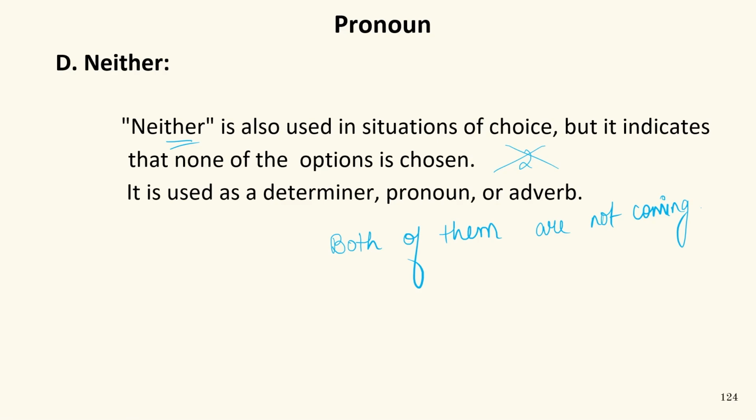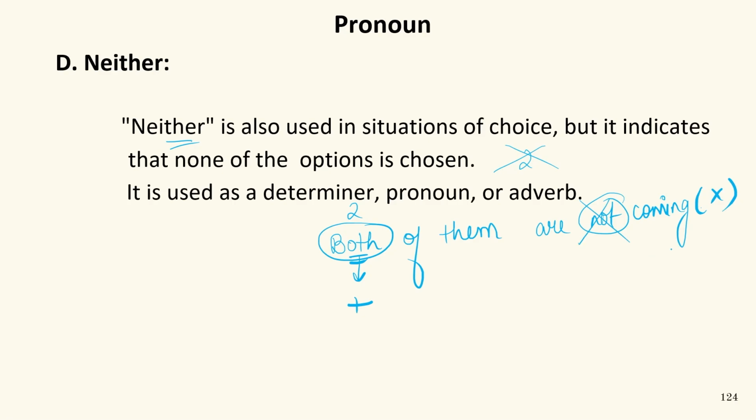But is this sentence correct? No. The sentence is not correct grammatically. Why? Because here we have talked about the word both, and both is used only for two persons. But it is again used in positive sense only, and we are using a negative word over here.